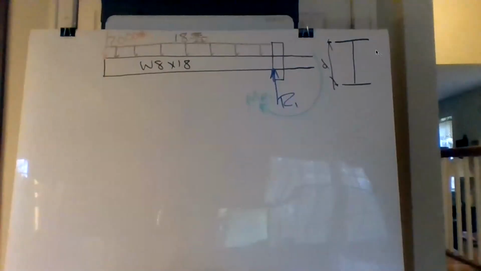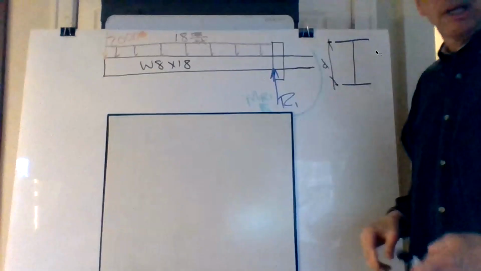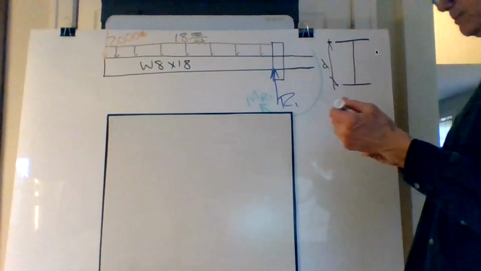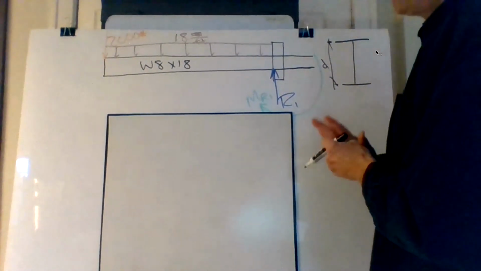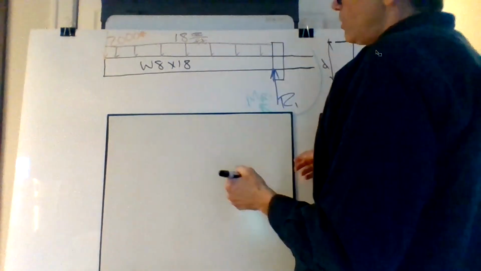So, let's see if this will fit on here. Yes, it is. So we're going to do the sum of the moments. Actually, no. To get R1, this is called a fixed end reaction.